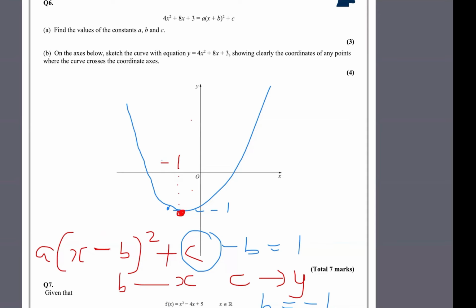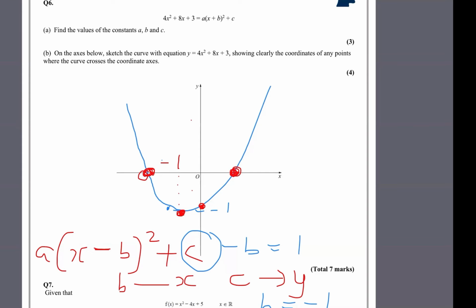So we need to find the point where the graph cuts the x-axis, and also the point where it cuts the y-axis. And once we have been able to find that, then we can easily go about sketching the graph in the end.